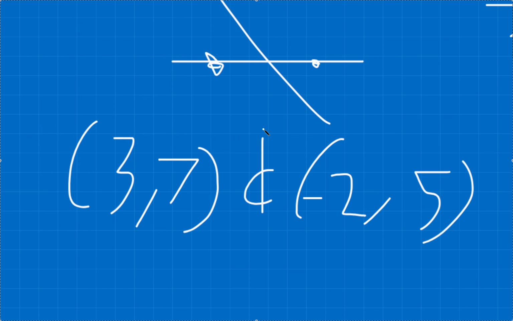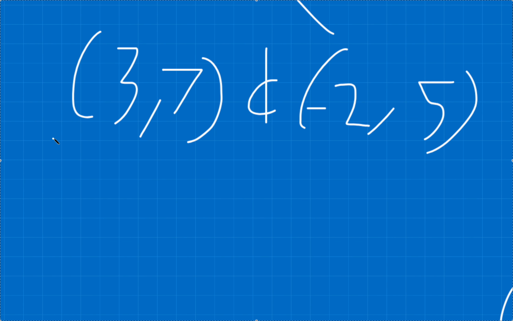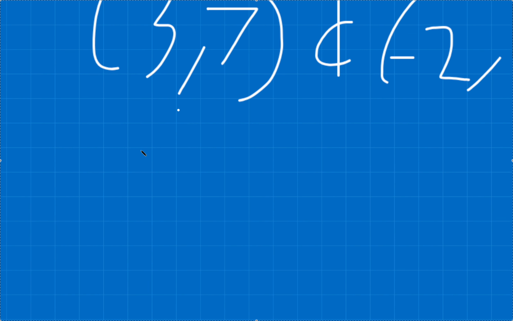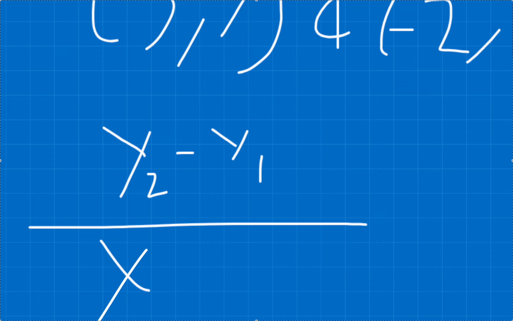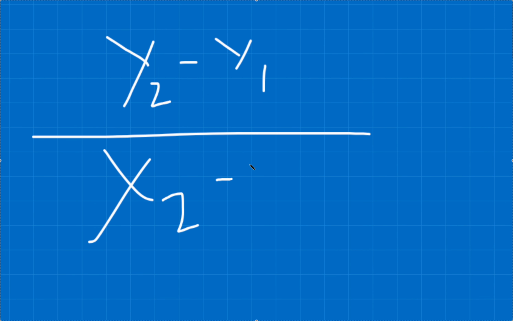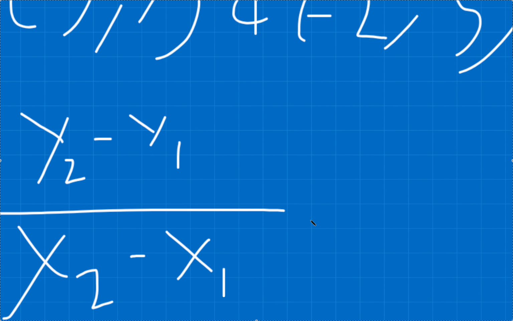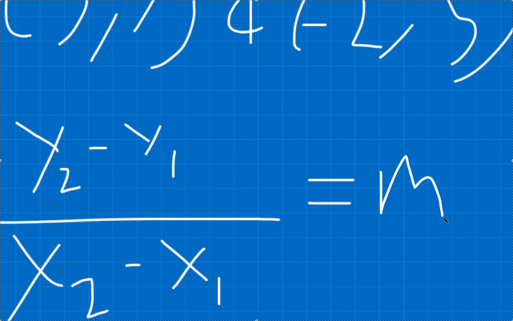So how are we gonna find that? First of all, we'll need to find the slope, and there's a formula: y2 minus y1 divided by x2 minus x1, and you'll get m, which is the slope.